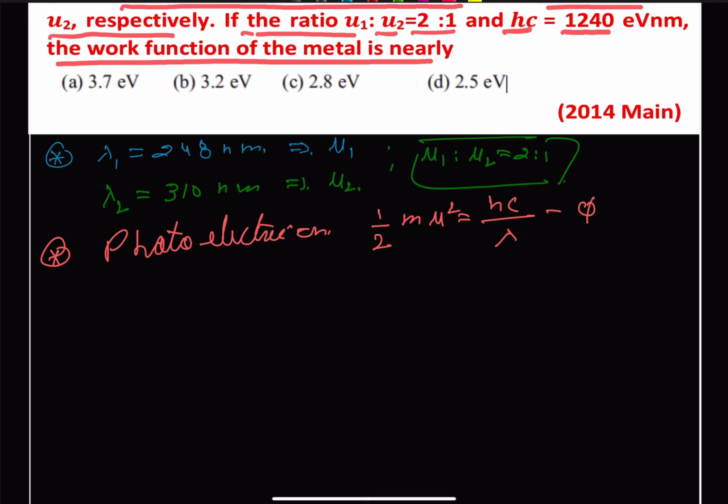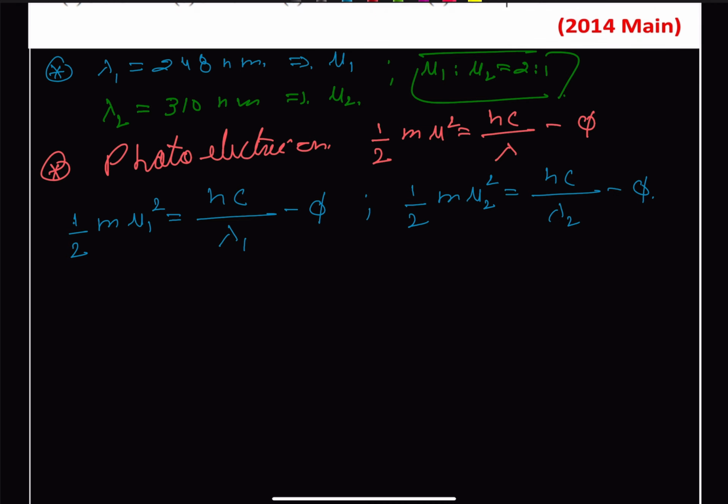For lambda 1, we can write this as half m u1 square is equal to Hc upon lambda 1 minus phi, and second equation we can write as half m u2 square is equal to Hc upon lambda 2 minus phi. And we are given that our U1 is to U2 is 2:1.